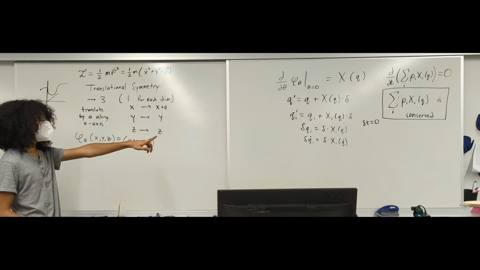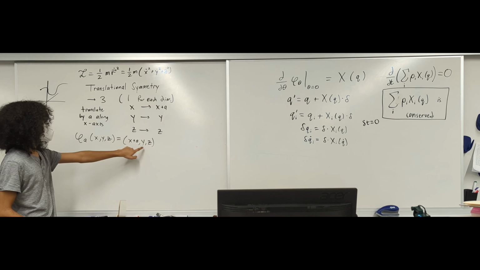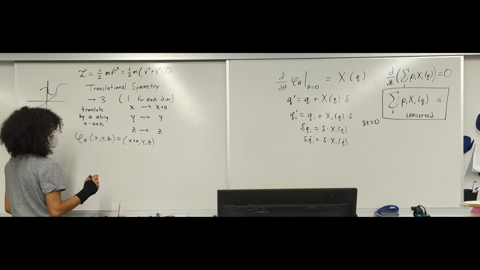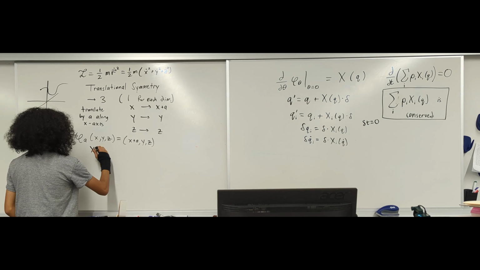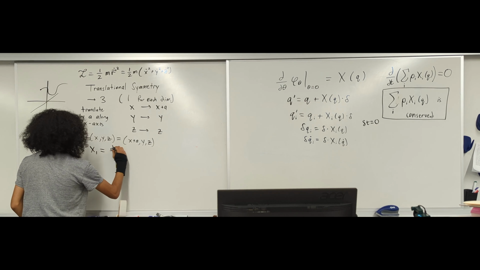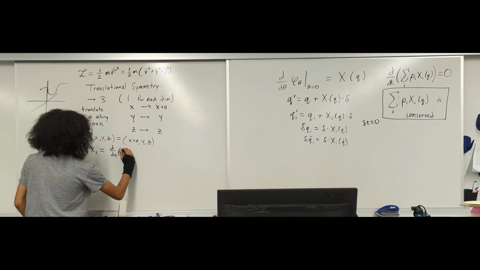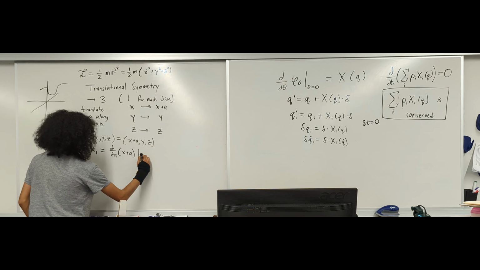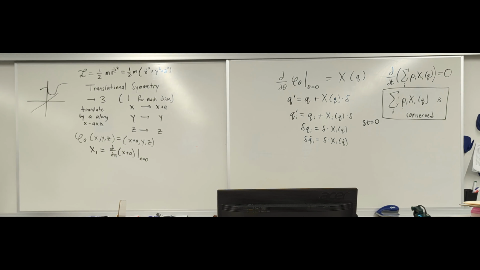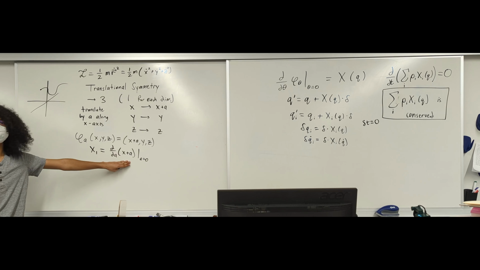And for the xi, that would be just looking at each component of this. So xi 1, which is the x direction, would be d by da of x plus a when a is equal to 0. So what is this?